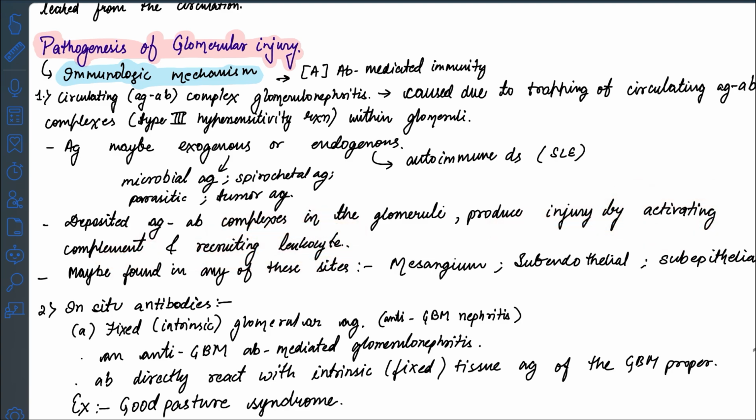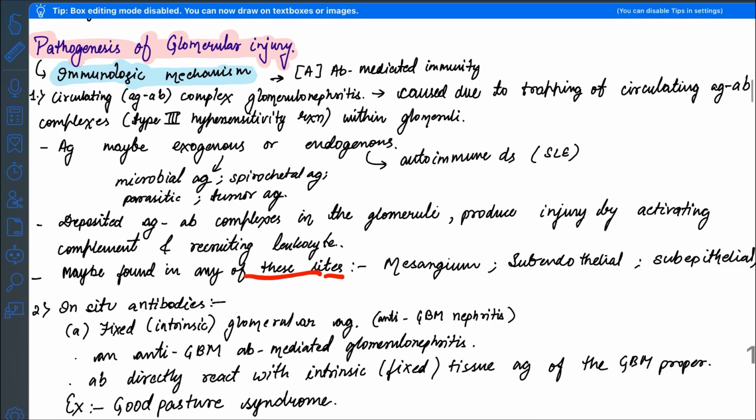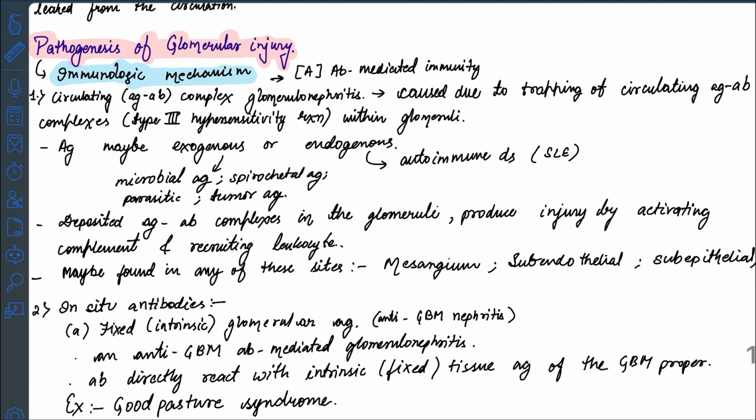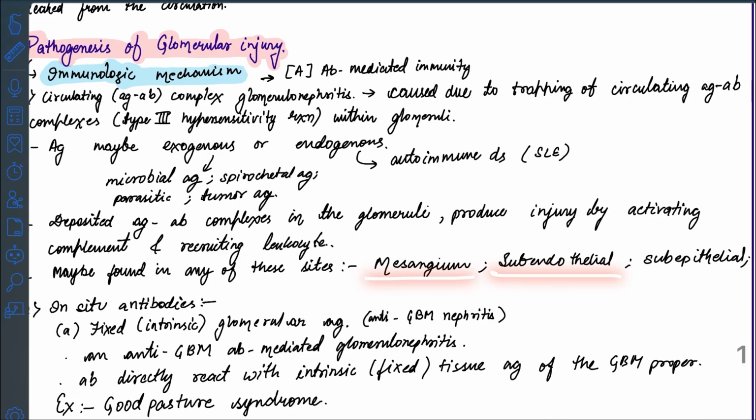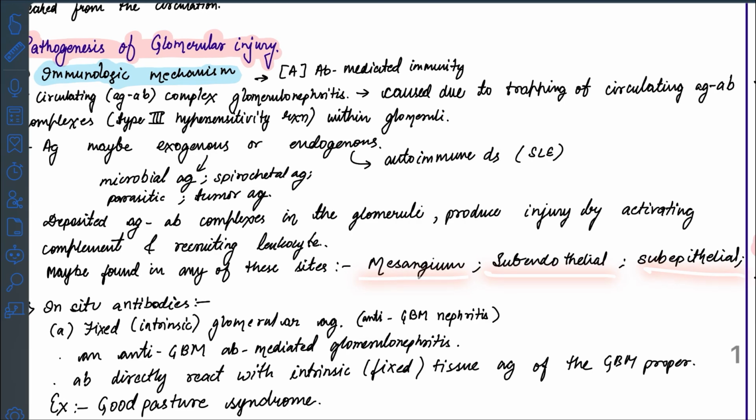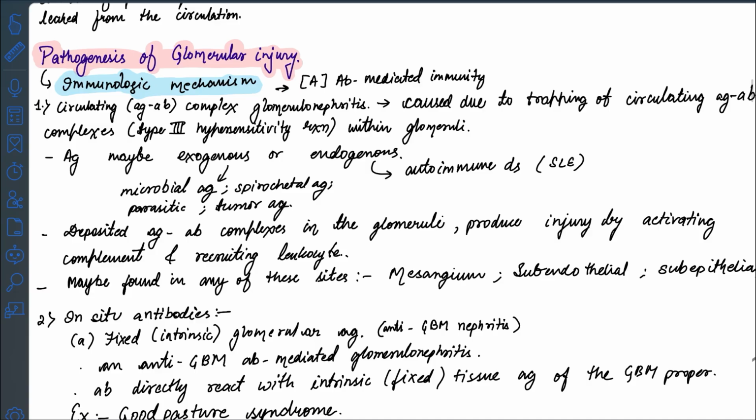You are familiar with the complement system and the complements like cytokines and all, and by recruiting leukocytes they actually initiate the process of injury to the glomerulus. They may be found in any of the sites like mesangium, subendothelium or subepithelium as well.